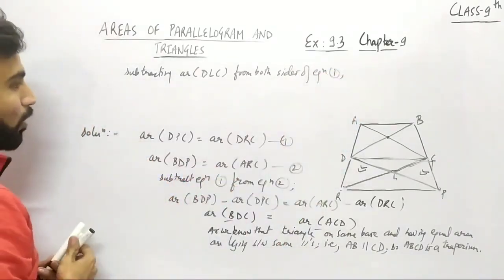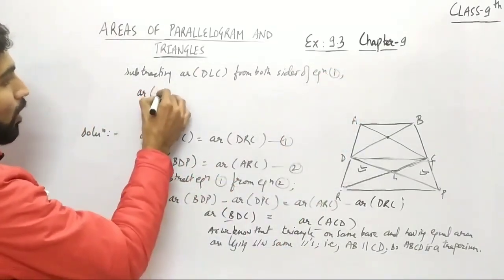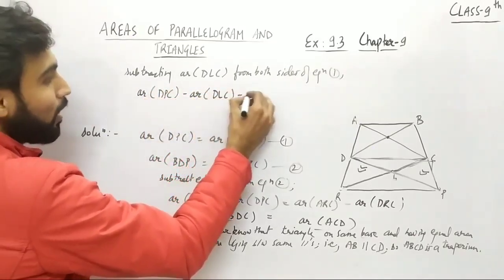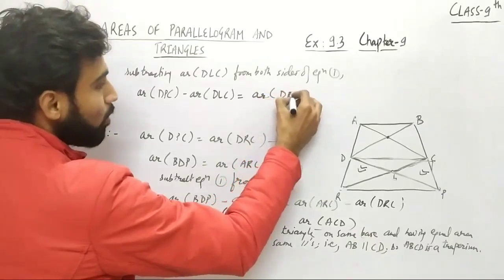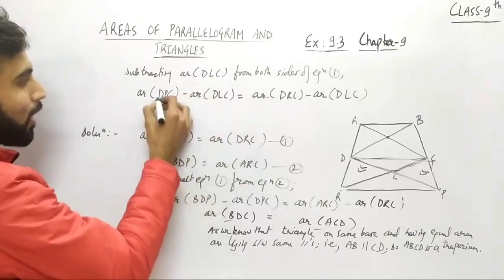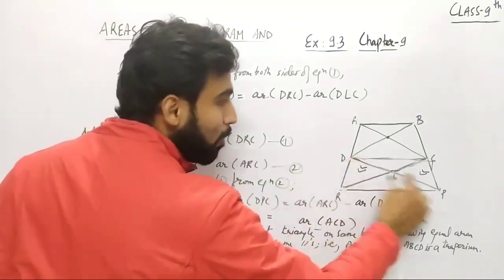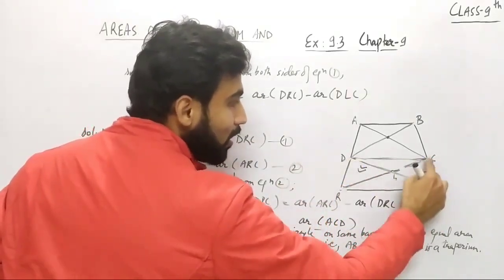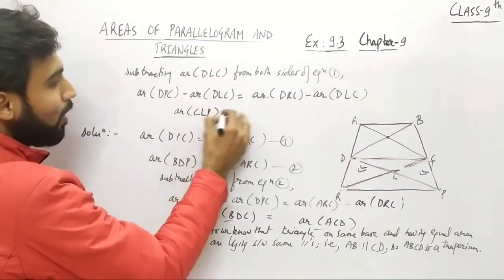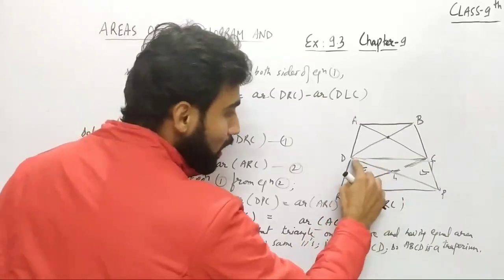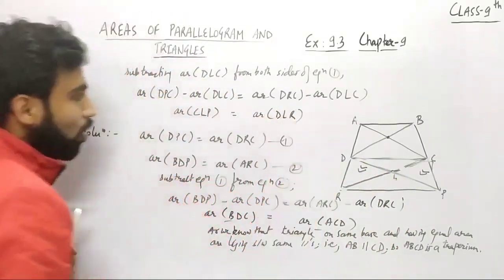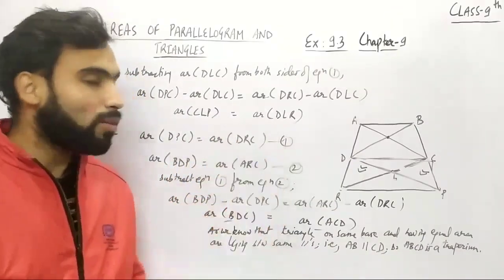Let me tell you that area of DPC minus area of DLC, and on the right hand side there will be DRC minus DLC, right? So DPC minus DLC, you can see, is CLP, right? So area CLP is going to be equal to, you can see, DLR, right? So now what have you got? CLP is equal to DLR.